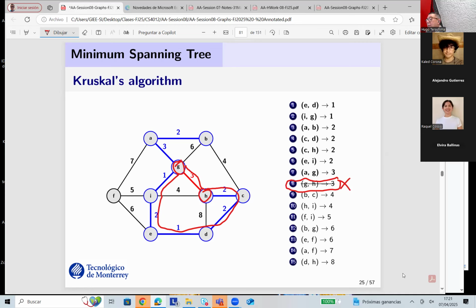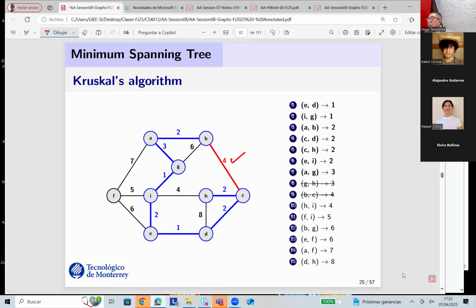You see the reason why we are not including GH, because it constructs a cycle there. And we see the same with this one.